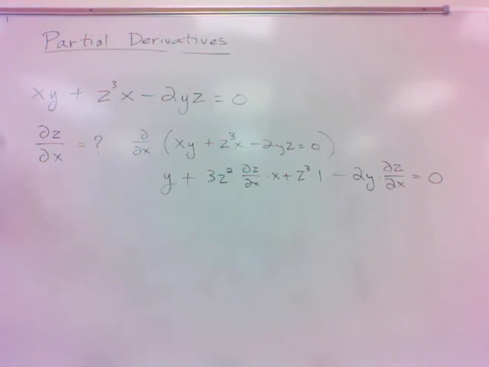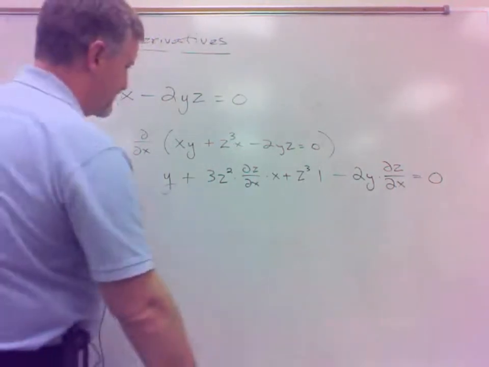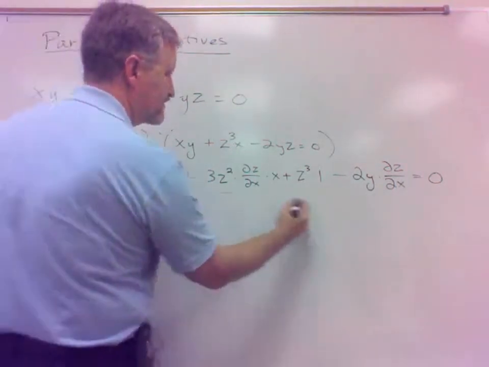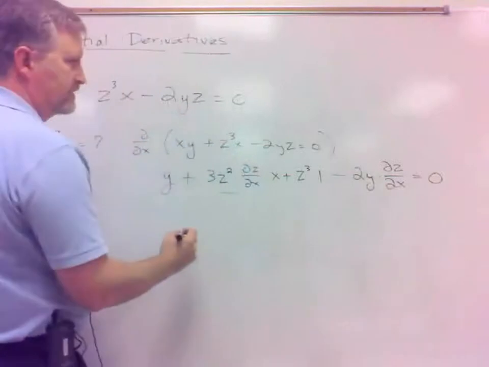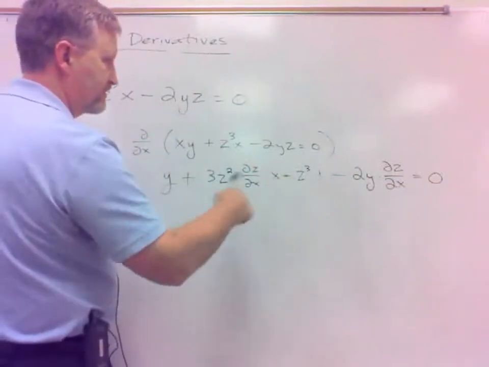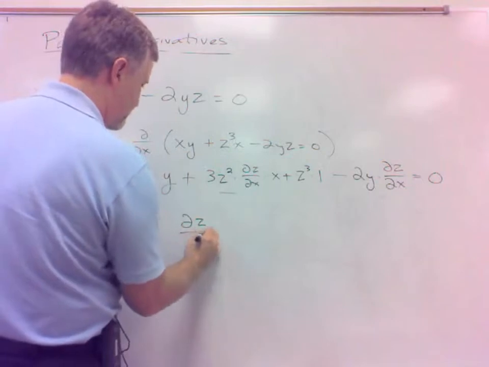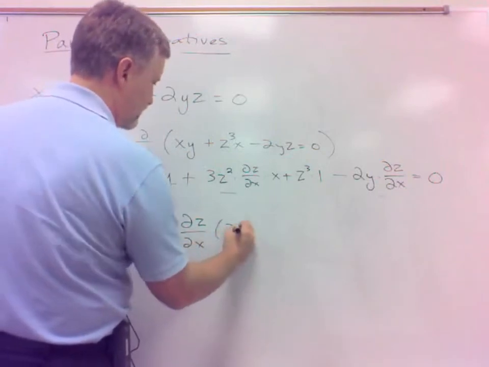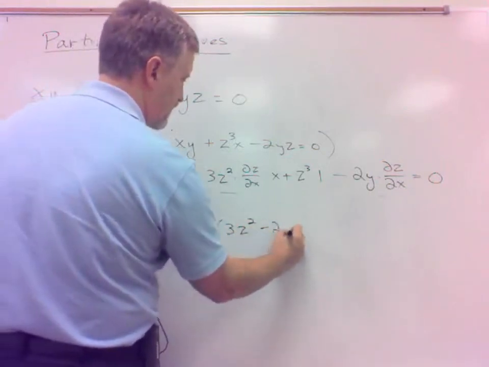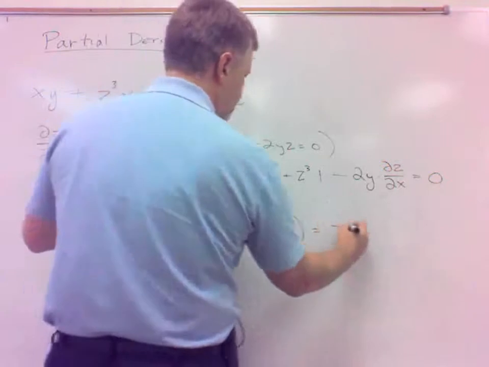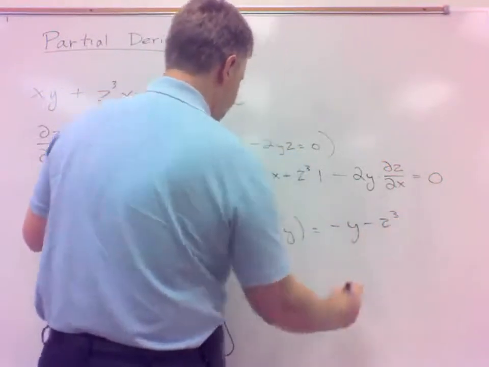And then just solve that for the partial derivative of z with respect to x. What do we got? These two, so move the other two, or it might be easier to move these two; either way. All right, so if we factor those off, 3z squared minus 2y, move those two over, so minus y minus z cubed.